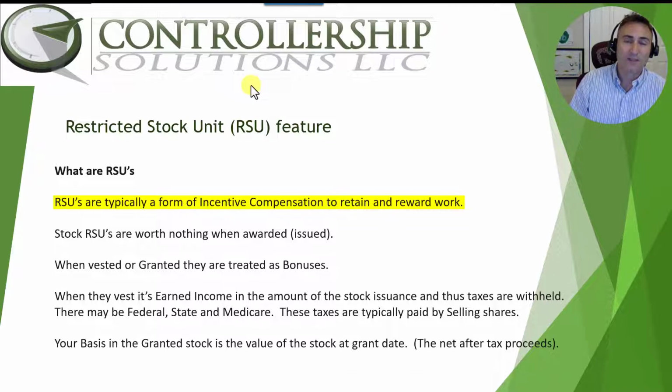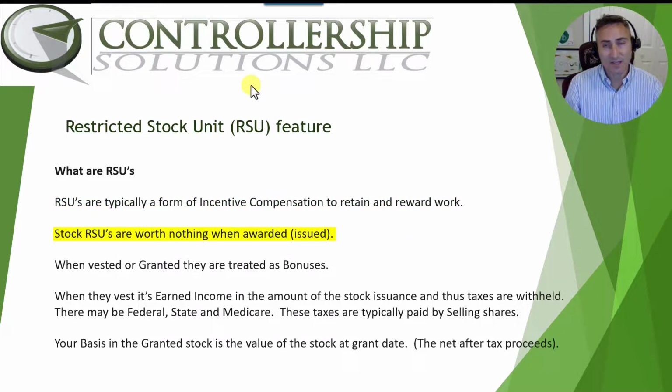The important concept to understand is the timing and what exactly an RSU is. An RSU, almost always with stock, is worth nothing when it's awarded, also known as when it's issued. It's given to the employee and said, here, you are entitled to this many shares over what is usually a vesting period.